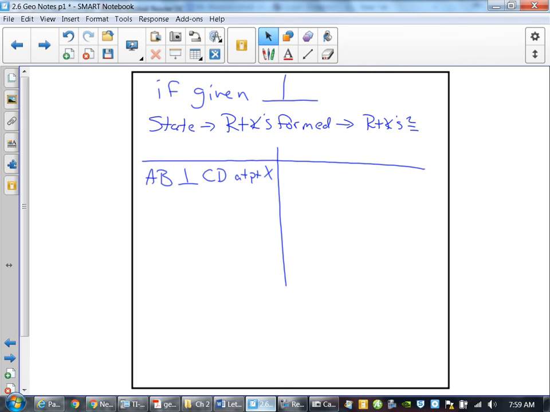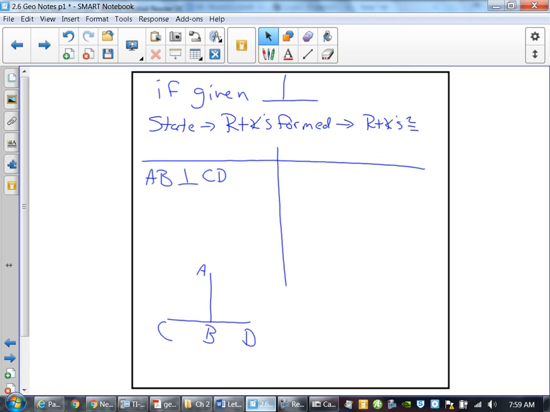Well, AB perpendicular to CD at point X. Oh, you know what? Let's do it this way. Let's not put in that point X. We'll just say AB is perpendicular to CD. That'll be easier. We'll make it B here. Is it okay if I do it like that?